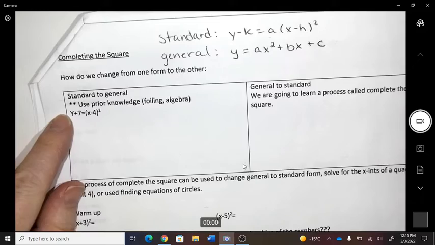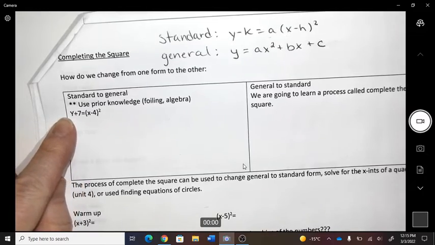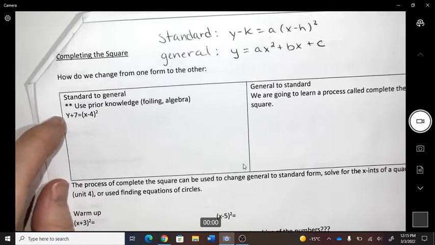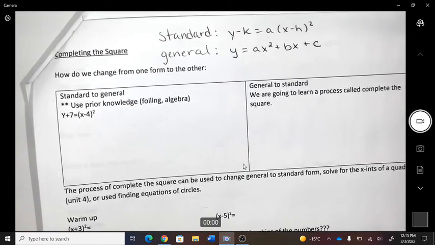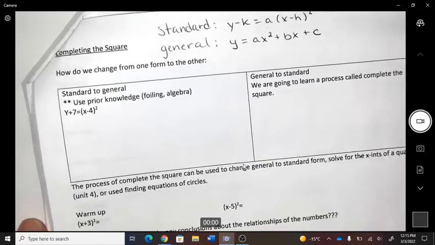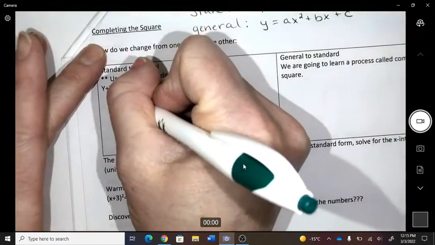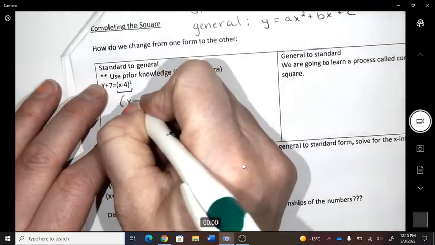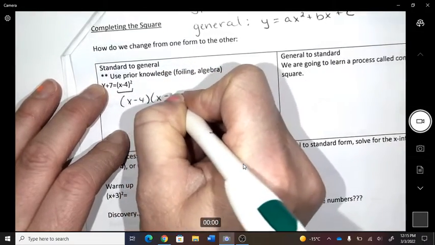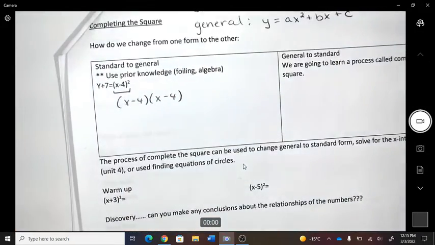Okay, so this one is in standard, and I'm going to change it to general. Okay? There's nothing new that you're going to learn here. You're just going to do math work. Okay, so does anybody understand when you do that squared, it's a little bit tricky because you have to think about your math like that.